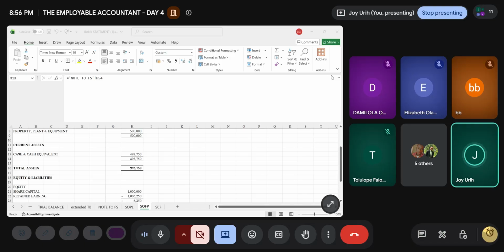So we are going to be seeing how we can pass journal, bringing in our debtors, petty cash expenses, our trade payable, depreciation, and if we have any accruals or prepayments, how do we bring them into the financial statement? So by tomorrow we'll be discussing that.